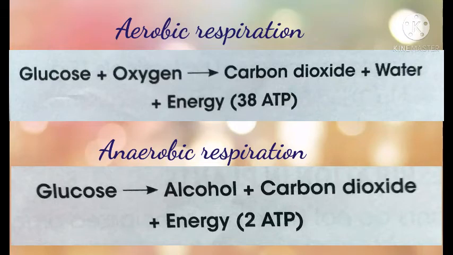So which are the two types of respiration? Aerobic respiration and anaerobic respiration. Aerobic respiration is the type of respiration in which glucose is broken down in the presence of oxygen, while anaerobic respiration is the type in which glucose is broken down in the absence of oxygen.